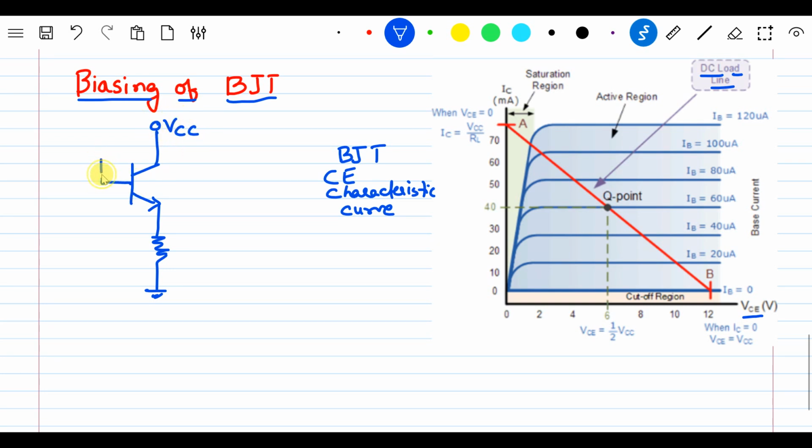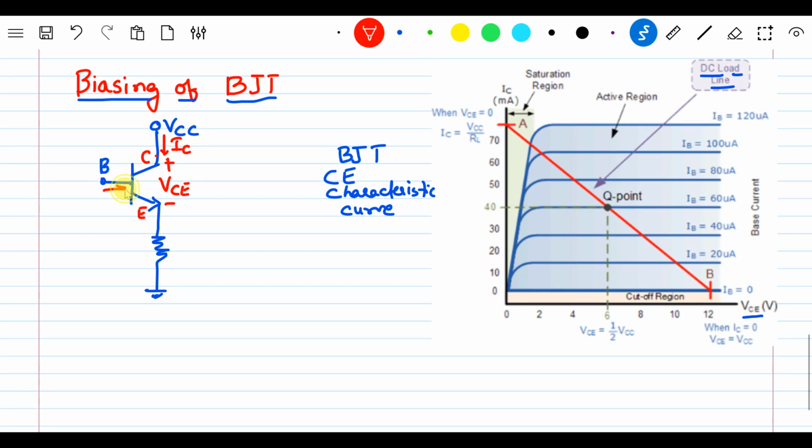The voltage across the collector and emitter terminals is VCE, and the current flowing through the collector terminal is IC, the collector current, which I told you about earlier.